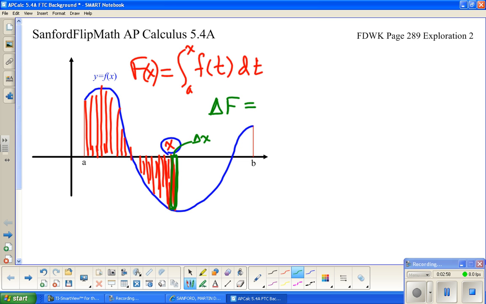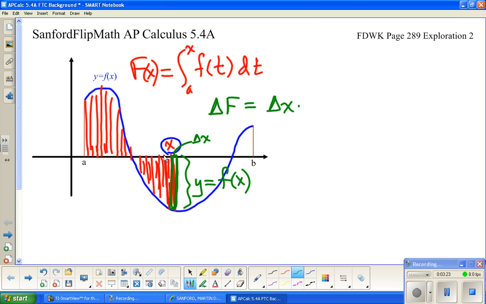And that area would be length times width, or base times height, delta x times whatever this height is. Well, this height is given by the y value, and the y value is given by f of x, f of whatever that x value is.